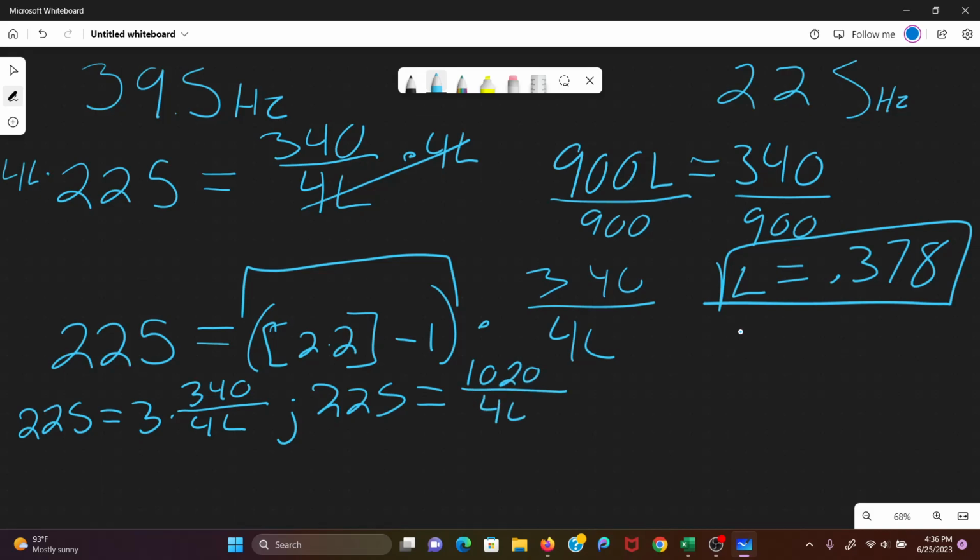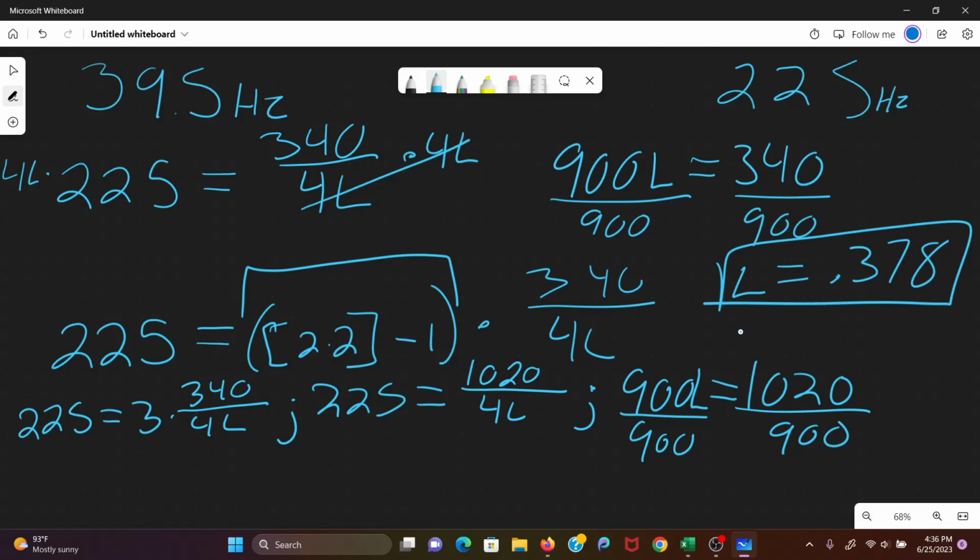Same thing as above. Multiply both sides by 4L, which gives us 900L equals 1020. We're going to divide both sides by 900 to get L by itself.